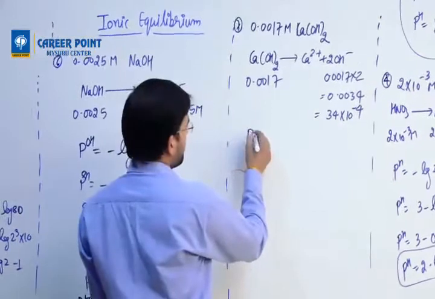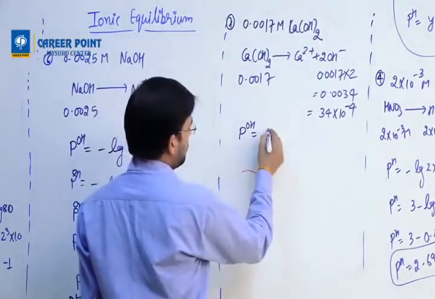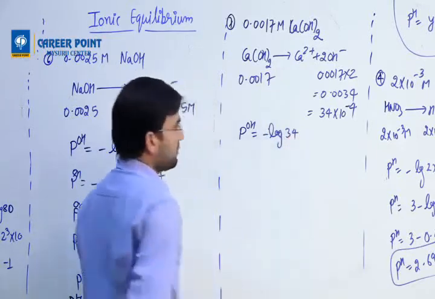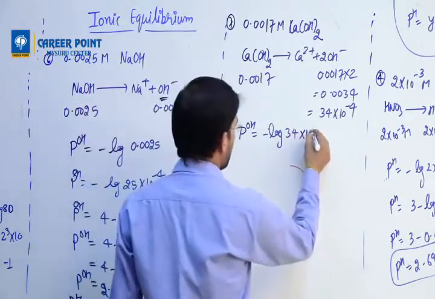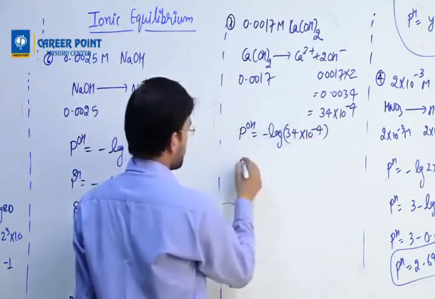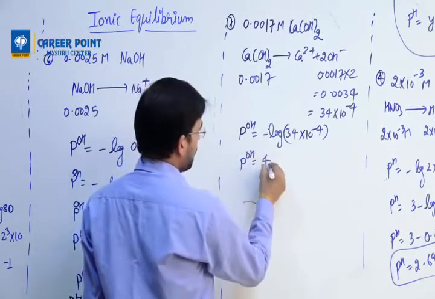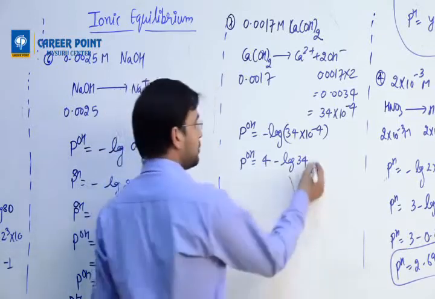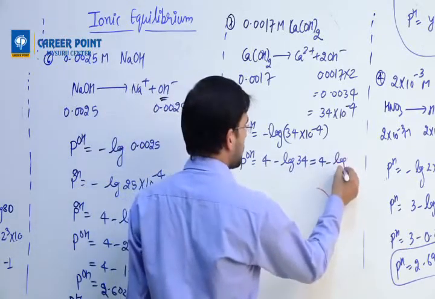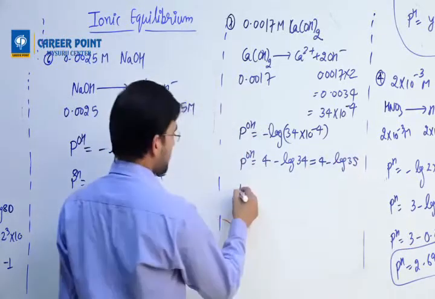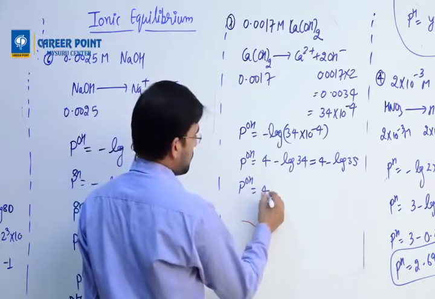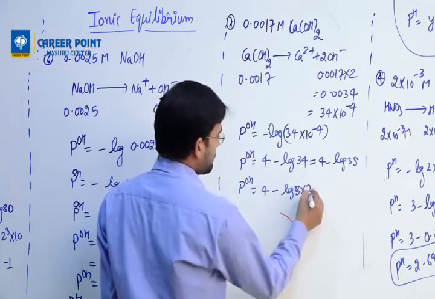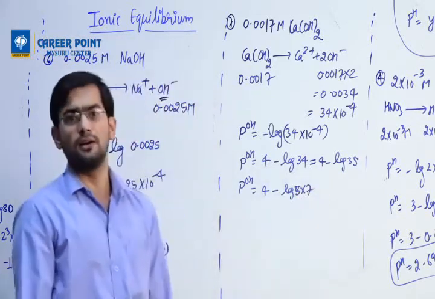Okay, so pOH equals minus log of 34 into 10 power minus 4. So pOH equals 4 minus log 34. That could be written as 4 minus log 35. So pOH equals 4 minus log 5 into 7, because 7 5s are 35.